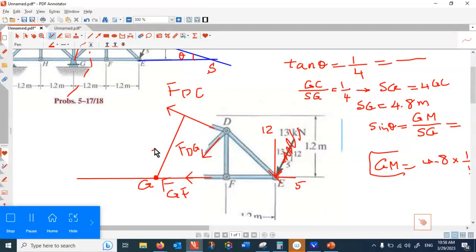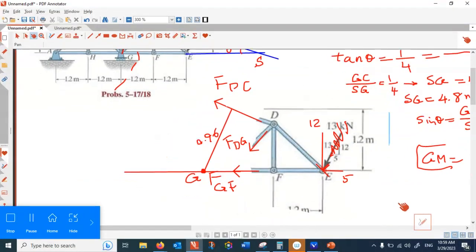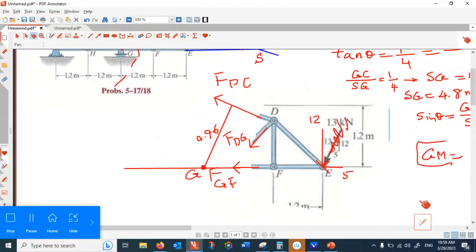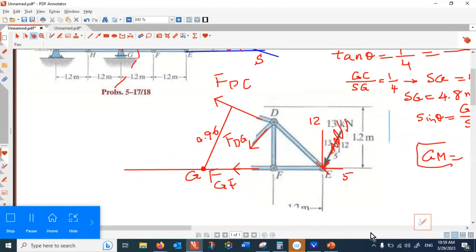And this is equal to 0.96. All right, now this free body diagram is easy to solve. What point of rotation do you suggest? Let's take rotation with respect to point G.